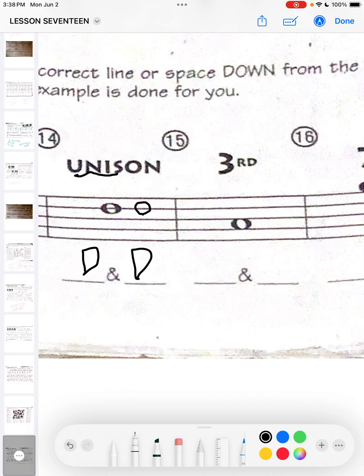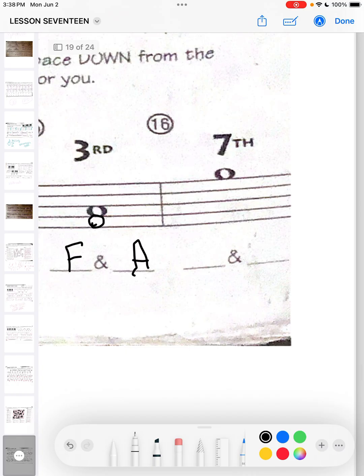The third down from the A is going to be an F, so it's an F and an A. From this part, it's going to be the 7th down, so it'll be G, F, E, D, C. Okay, I'm starting from G. G, F, E, D, C, B, A. So I count on my fingers, and counting on your fingers in music is okay.